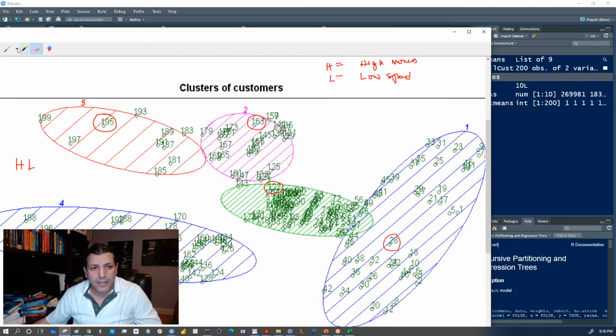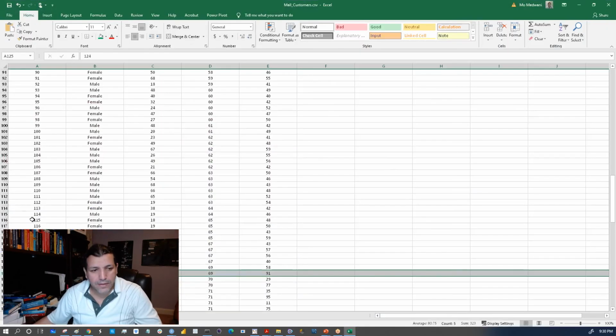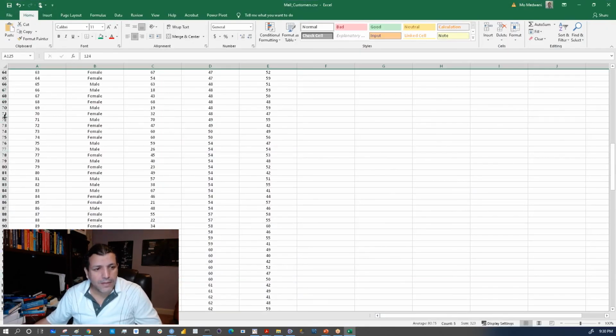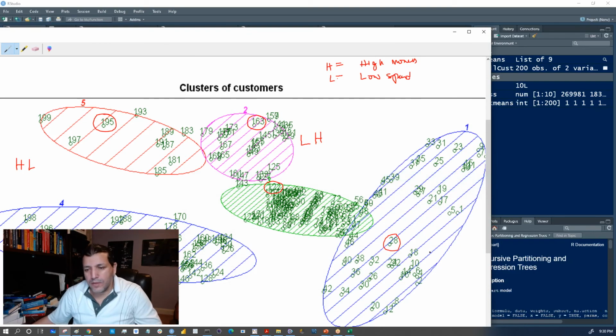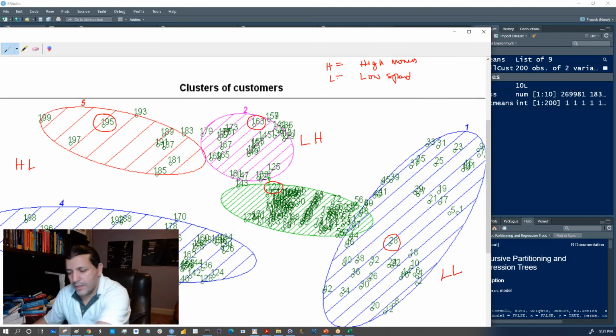So this one is less money, high spend. 28. Less money, less spend. So this one is less money, less spend, and it should be high money, high income, high spend. High income, and this one should be normal.